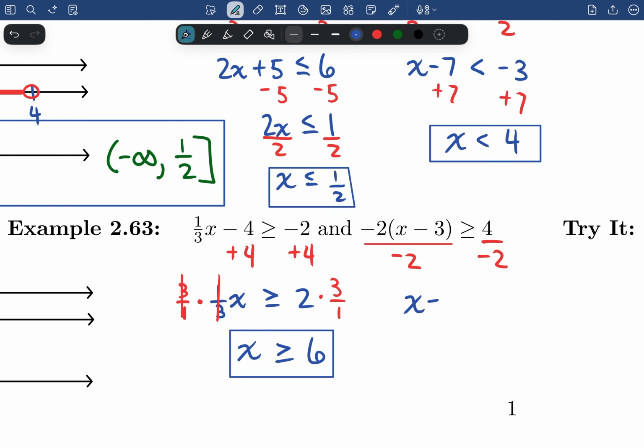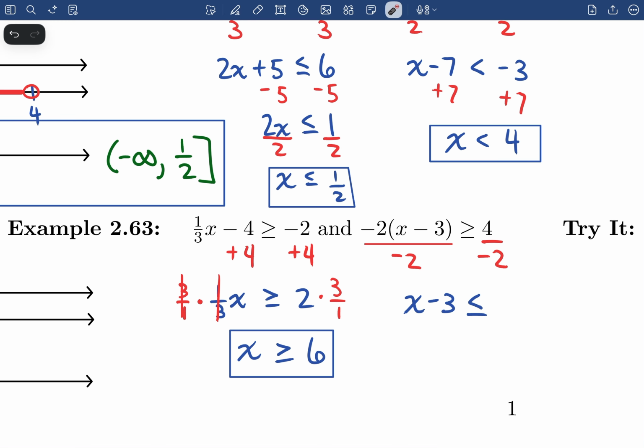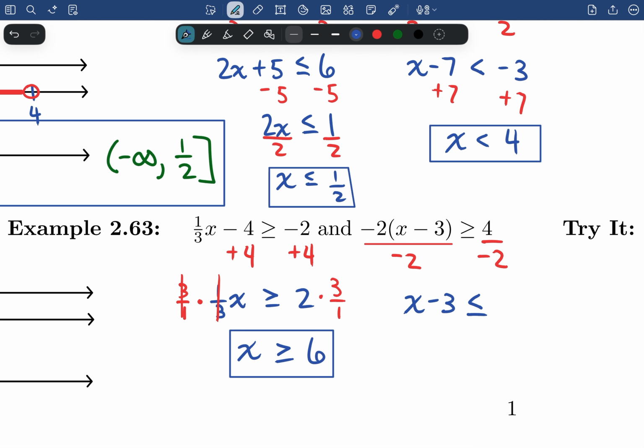So I now have x minus 3 is less than or equal to. Okay, I'm flipping the direction of the inequality because I divided by a negative number across it. And 4 divided by -2 is -2. Now I'm going to add 3 from left to right. And I'm left with a statement that says x is less than or equal to 1. I have solved my second inequality.